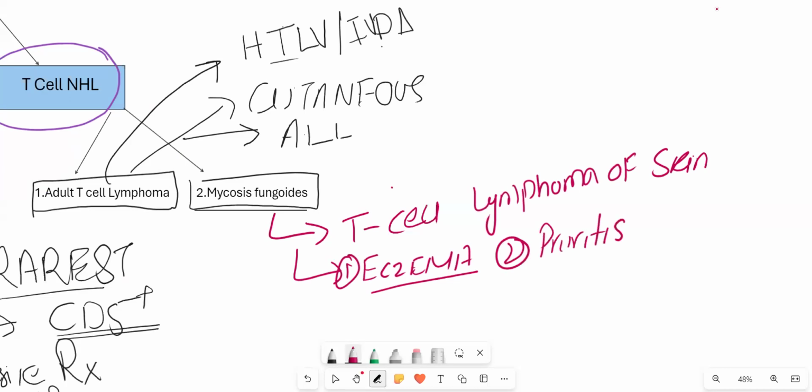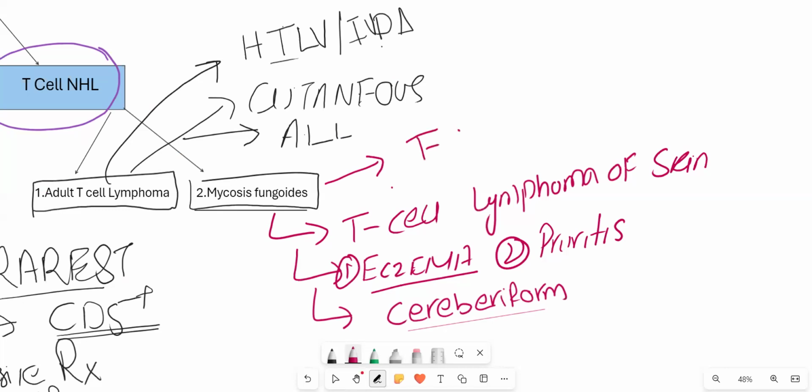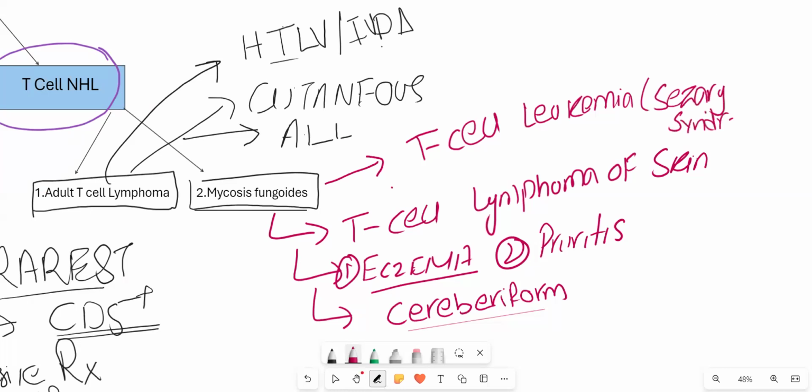On skin biopsy, we see cerebriform lymphoid cells. It may convert into T cell leukemia. When it converts into T cell leukemia, it is labeled as Sézary syndrome, which is very high yield.